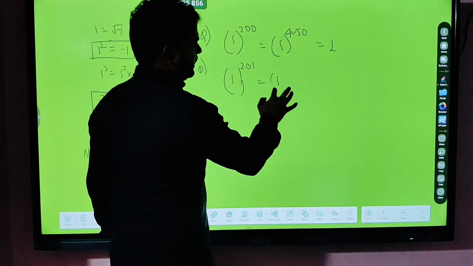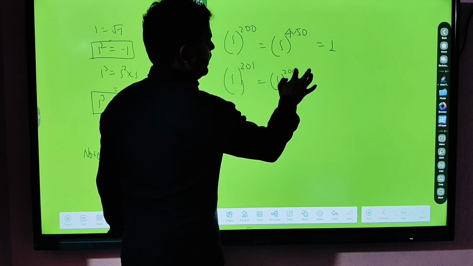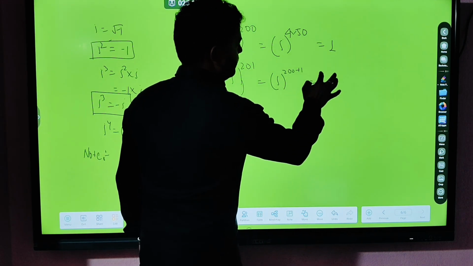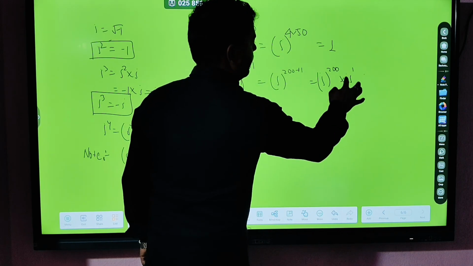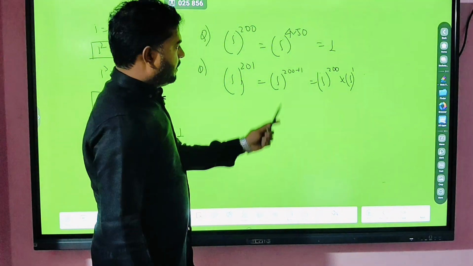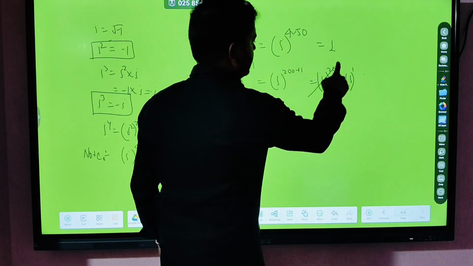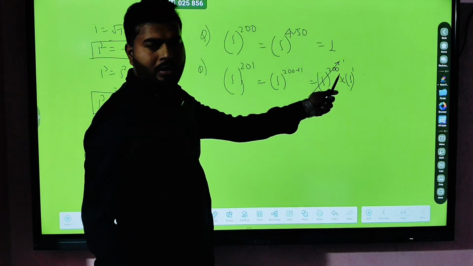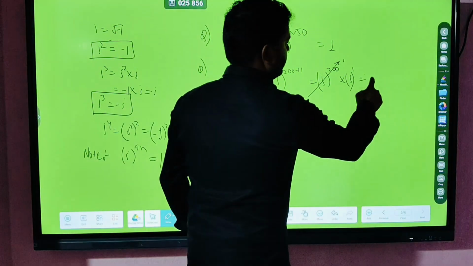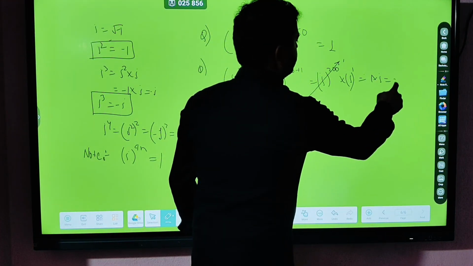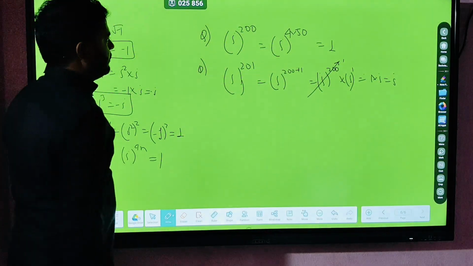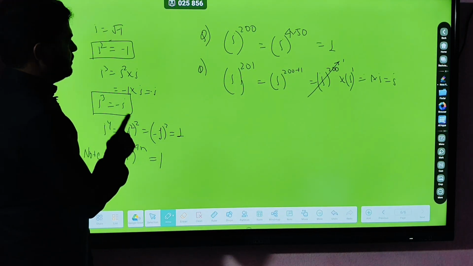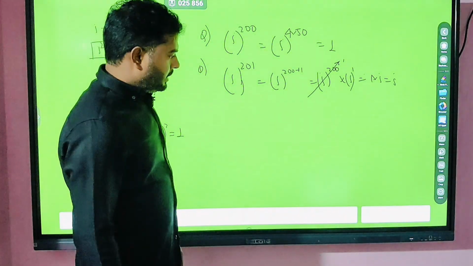Iota power 201 we can write as iota power 200 plus 1. So this becomes, by rule of exponents, iota power 200 into iota power 1, and iota power 200 is 1 because it's a multiple of 4, and so we get the answer as 1 into iota. The answer is just iota, right? Similarly, we can solve different sums if we just keep these 4 properties in mind, right?